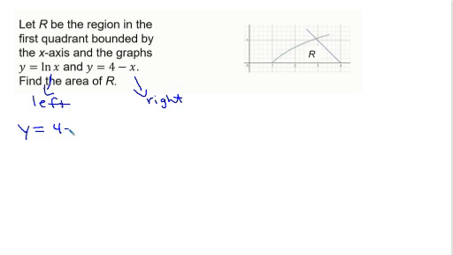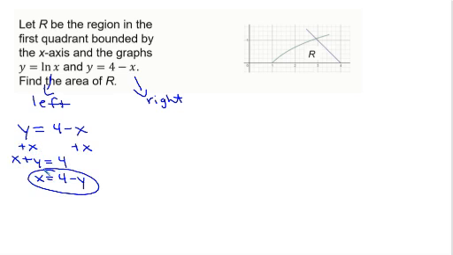Y equals 4 minus x. If I solve this thing for x, algebraically, be careful with this stuff, x plus y equals 4, so x equals 4 minus y. And how would I solve y equals the natural log of x for x? Well, we've done this in Unit 7 when we did differential equations.